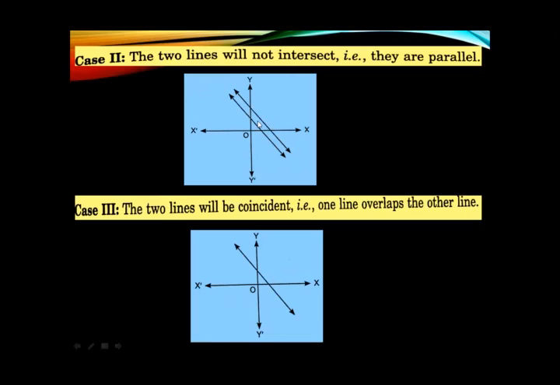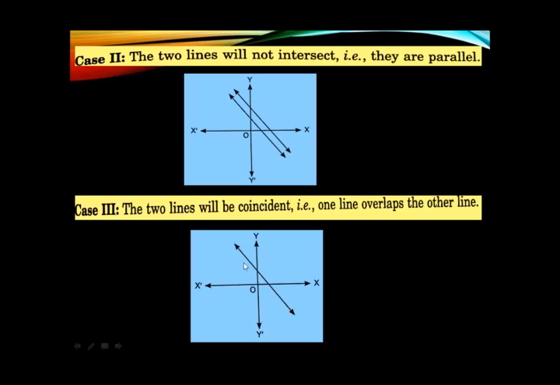It means the two straight lines will never intersect. In that case, there will not be any intersection point between the two straight lines. It means the pair of linear equations will have no solution. Case number three: the two lines will coincide. It means one line overlaps the other line. In that case, all the points on the straight line will be the solution of the pair of linear equations.